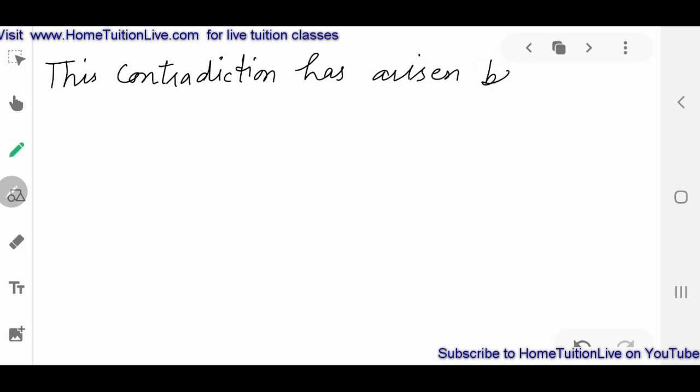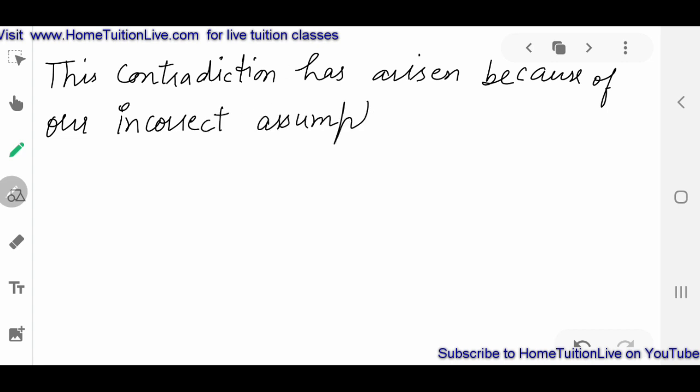This contradiction has arisen because of our incorrect or wrong assumption that 7 root 5 is rational.